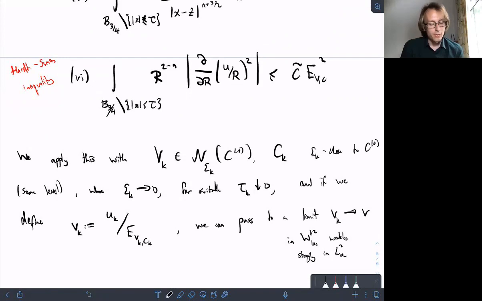Now, the only issue is that we want to pass to the limit in the inequalities above, which only held at density Q points. So what we want to know now is that density 5 halves, at least density 5 halves, points are congregating along the spine.